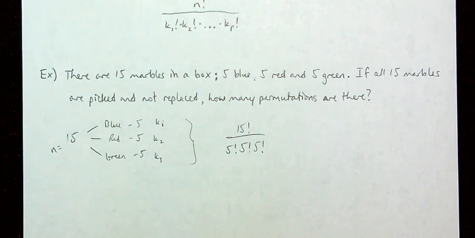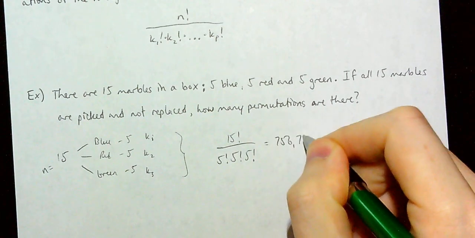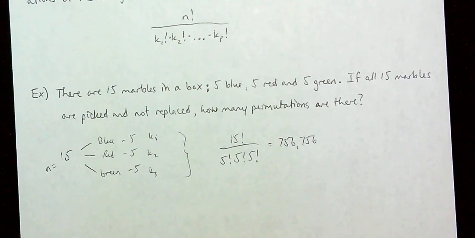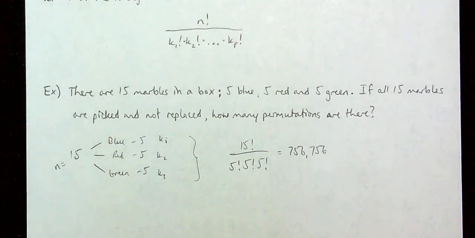And if you do each of these things inside of your calculator, you will come up with 756,756. Again, you could write these factors out, and you could cancel some things out, but it's not really the nicest kind of thing here, because there are some numbers that you have to break down into factors and then cancel out.